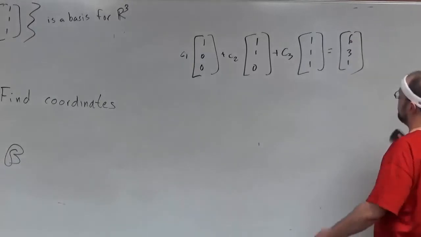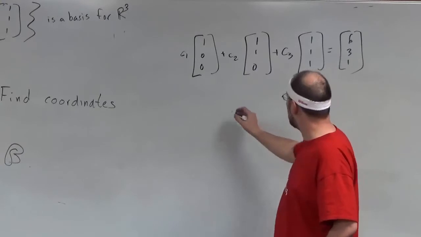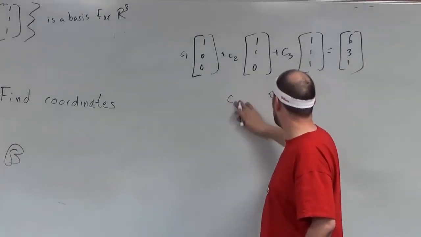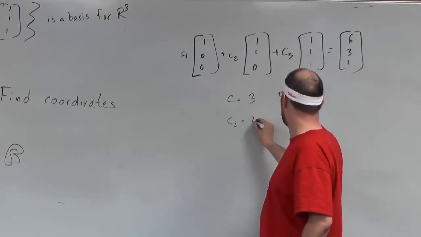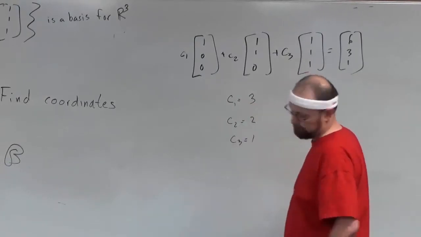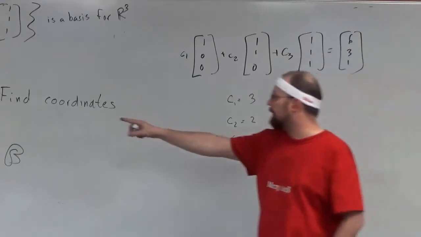You'd solve, and you would get a unique solution here: C1 is 3, C2 is 2, and C3 is 1. And these would be the coordinates for this vector relative to this basis.